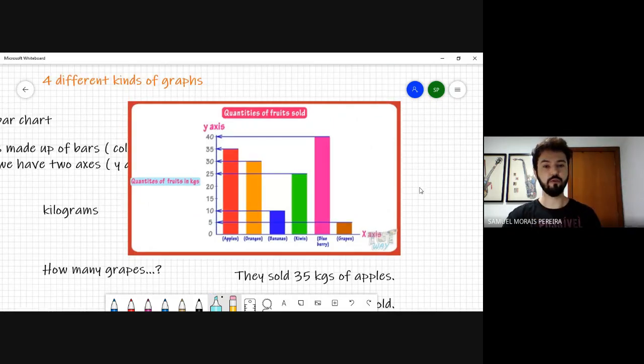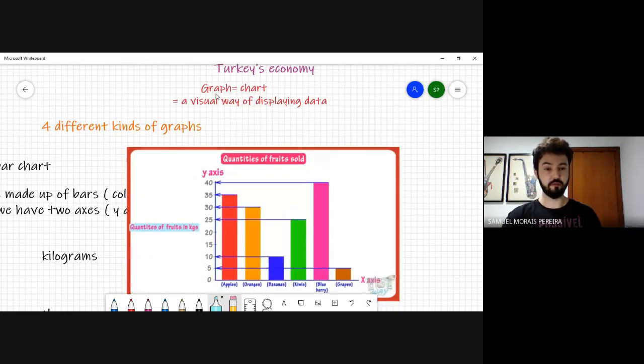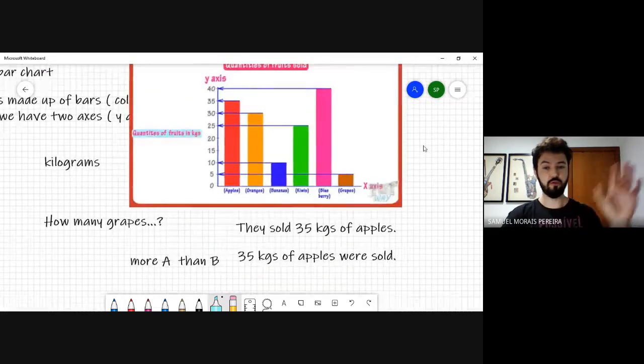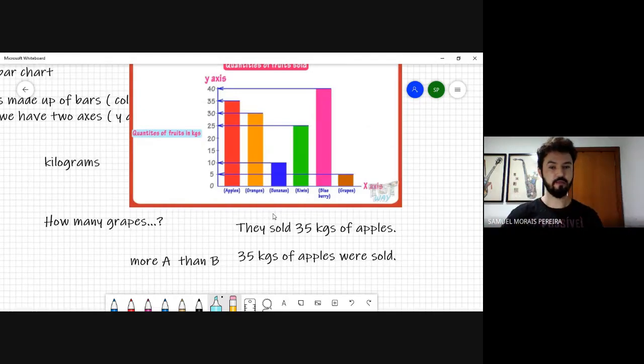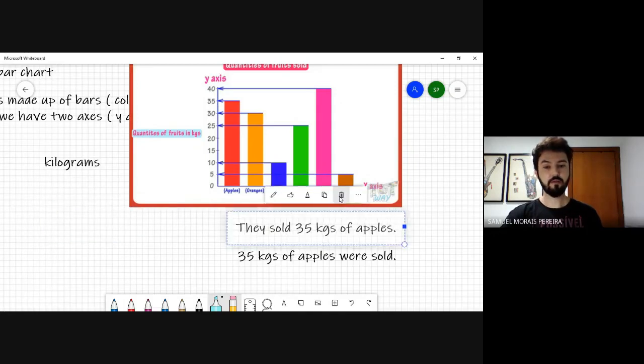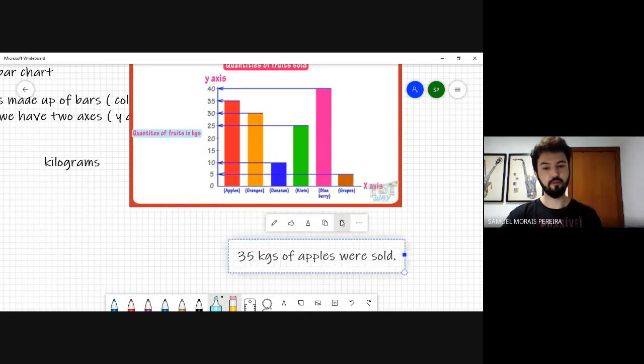Remember, I told you the definition of a graph is a visual way of displaying data. So you have the data, right? And when you organize information, this visual, obviously, I am using here very simple graphs, right? But this is how you can talk about them, okay? Now, pay attention. Thank you, Leonardo. Thank you, Angelini. Thank you so much.